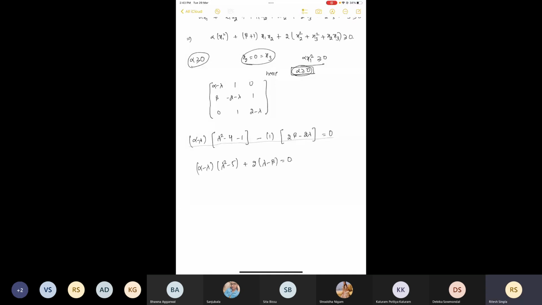I'm not very sure how to solve this cubic equation as of now because it will be slightly complicated.